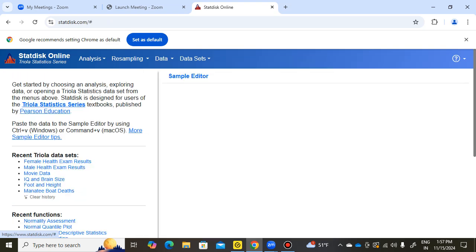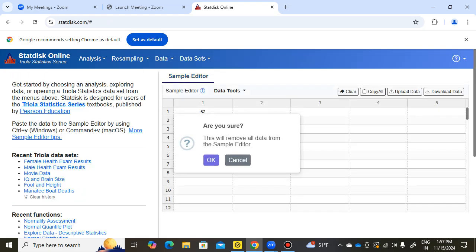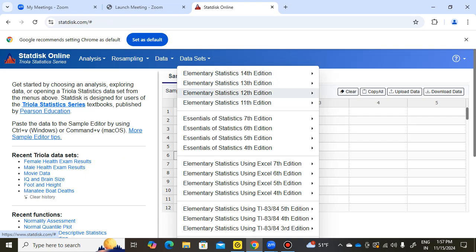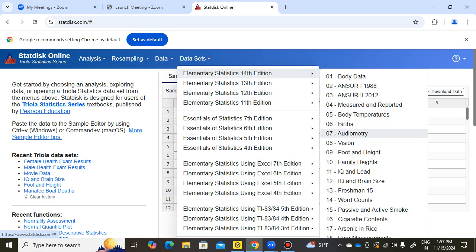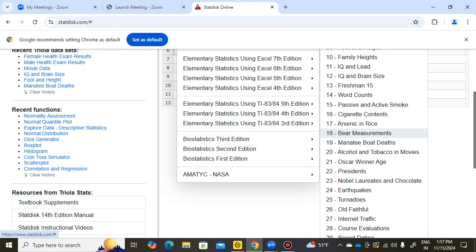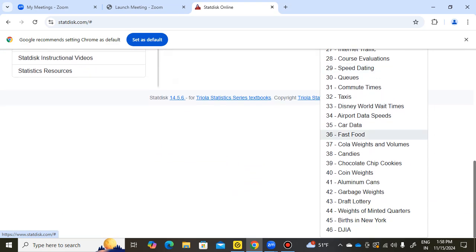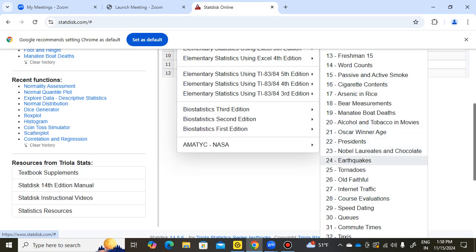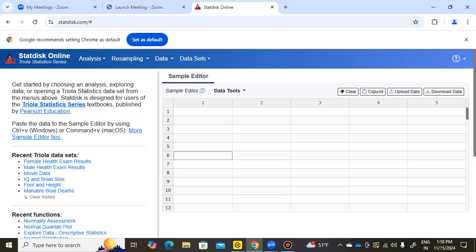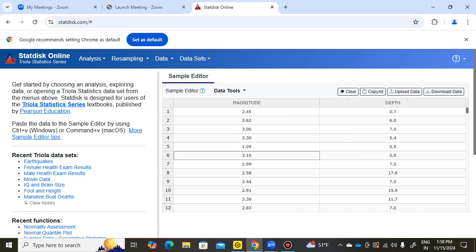So let me actually clear this data. 14th edition, earthquakes. Oh, it's not here. It is 24. And there you go. And then depth is the column we're going to be interested in.